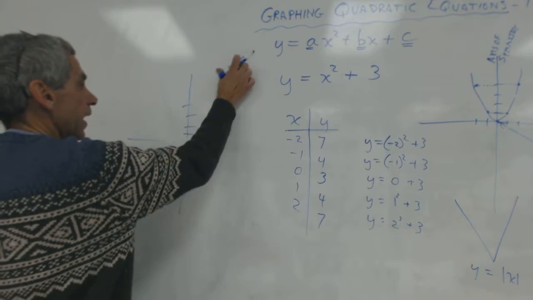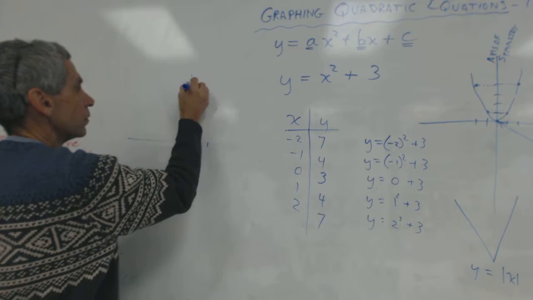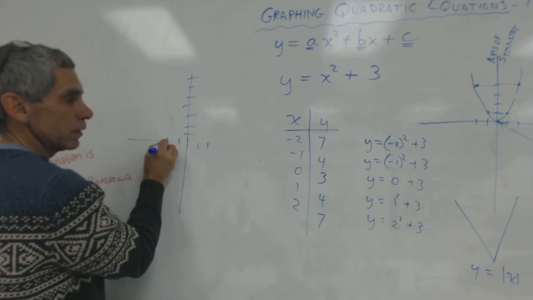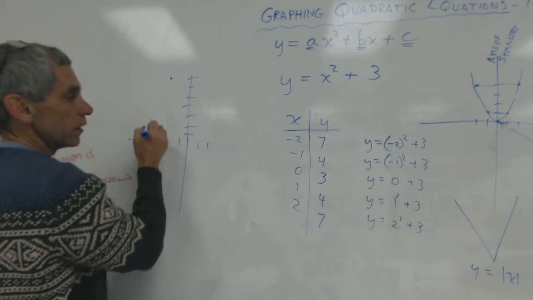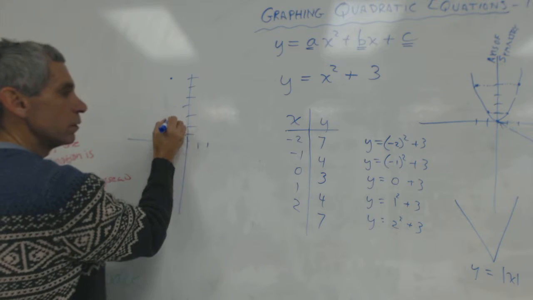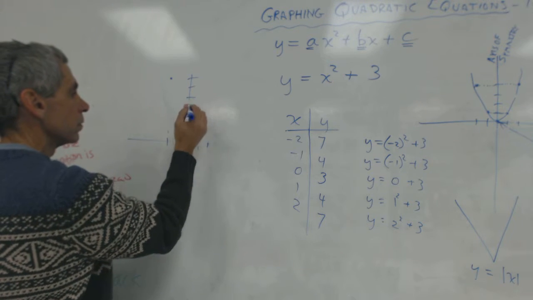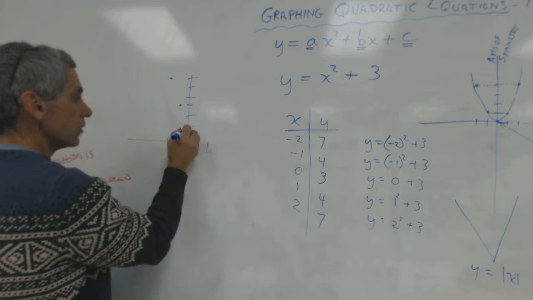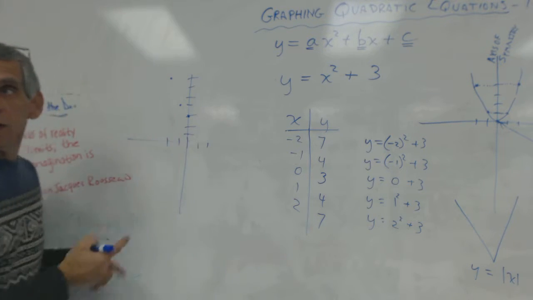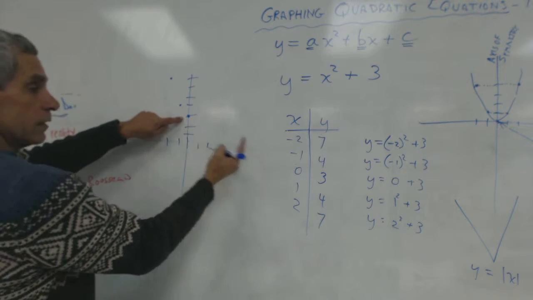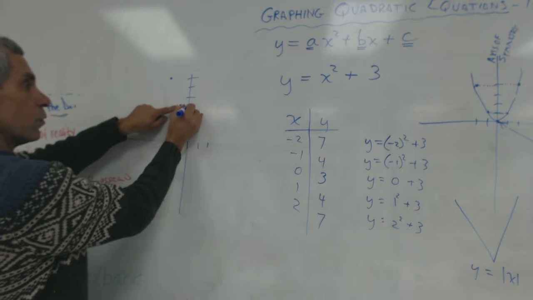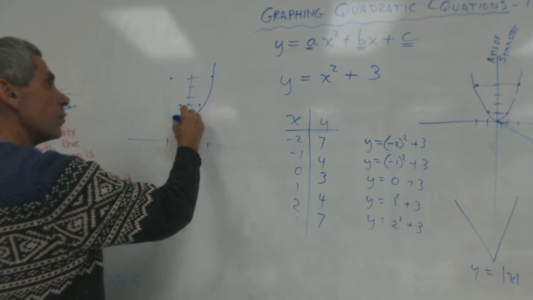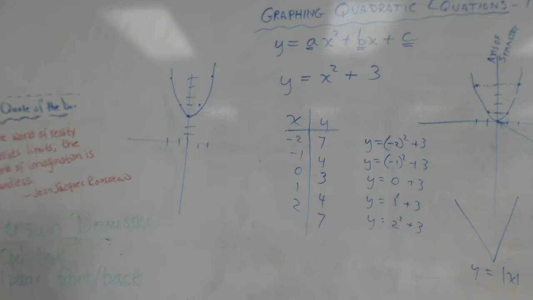So -2, and then 7, boom, and then -1 and 4. 0, 3, boom. Now, I've plotted this side. I could keep following these, or I could say, well, this is over 1, I could go over 1 here. This is over 2, I could go over 2 here, and then just draw my graph. You with me? Make sense?